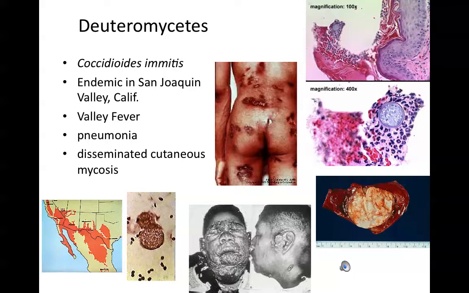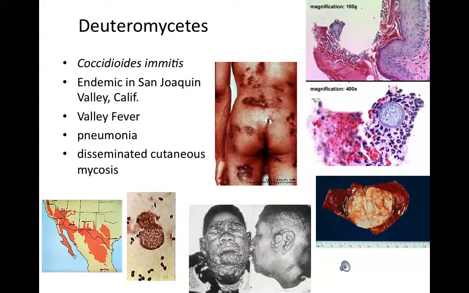Now, whether it's a skin infection, which would be the cutaneous mycosis, or a systemic infection like the pneumonia or the valley fever, notice that when growing in the tissues of the person that's infected, the Coccidioides forms these little nodules.